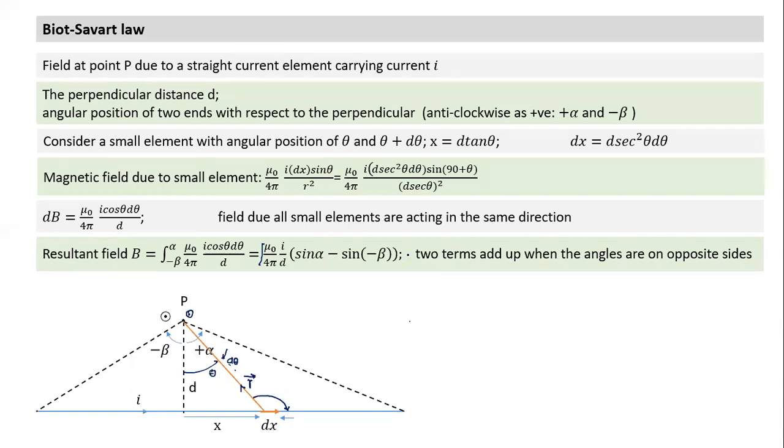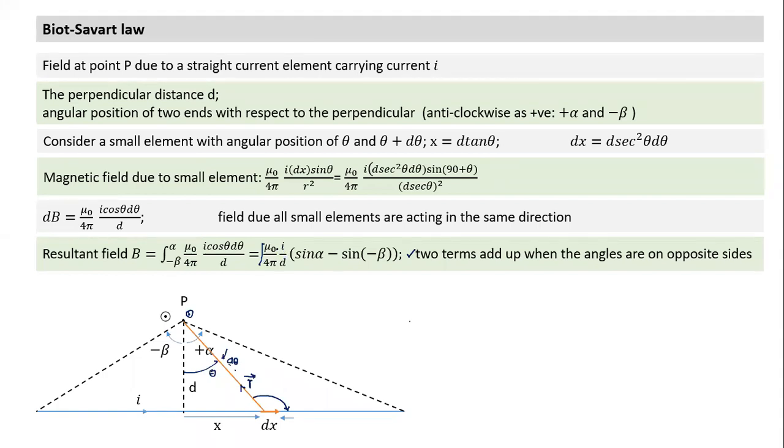This is important to keep in mind: the only key part is whether it should be minus or plus. Two terms add up when the angles are on the opposite side, as is the case here. If you substitute, beta is equal to minus beta, the angle is minus beta here, clockwise, so it will become positive. We'll take up 4 or 5 examples of this so that it is well understood. What is the formula here? Constant into I by d.